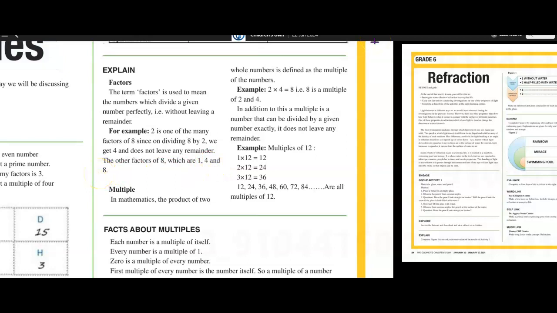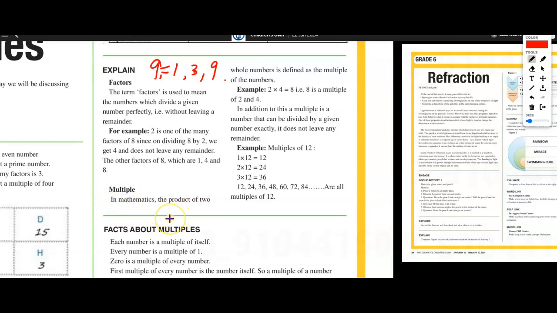Let's see if we can get another example with factors of 9. So we have 1, 9, and 3. Okay, so 1 can go into 9, 9 times, 9 can go into 9 once, and 3 can go into 9 3 whole times, no remainder.